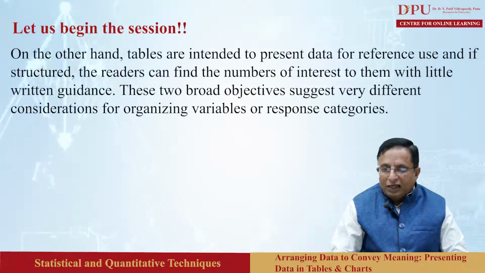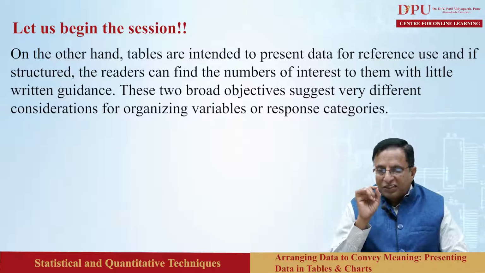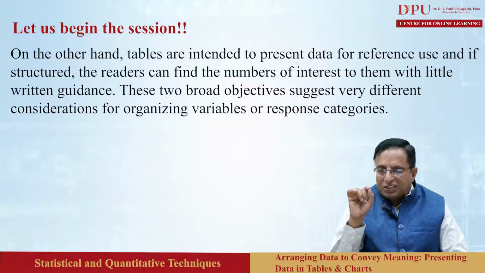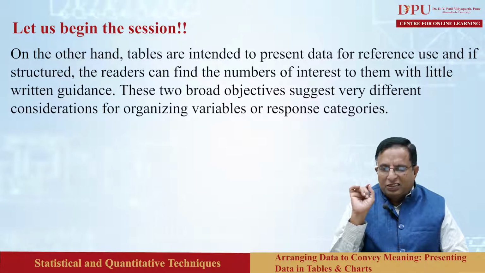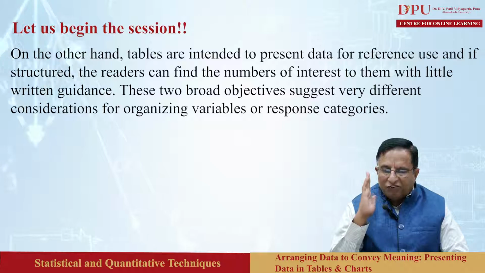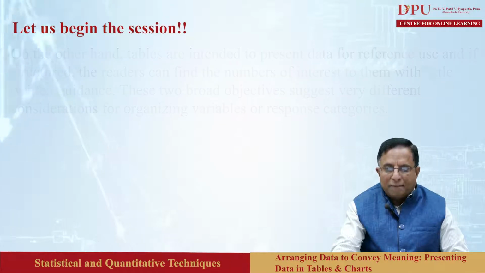On the other hand, tables intended to present data for reference use should be structured so that readers can find the numbers of interest to them with little written guidance. These two broad objectives suggest very different considerations for organizing variables or response categories.